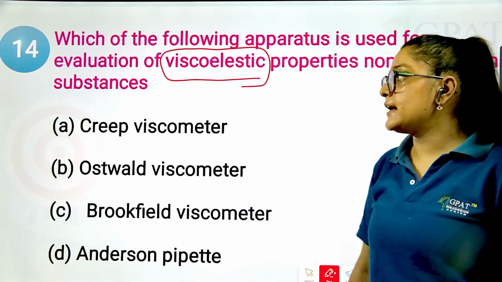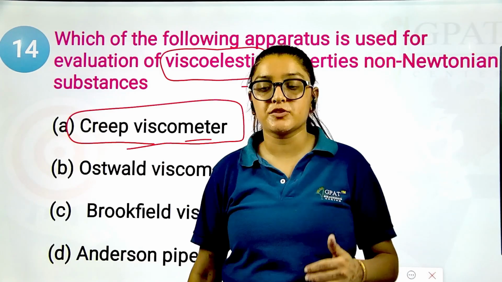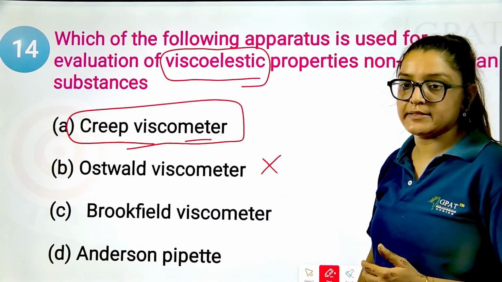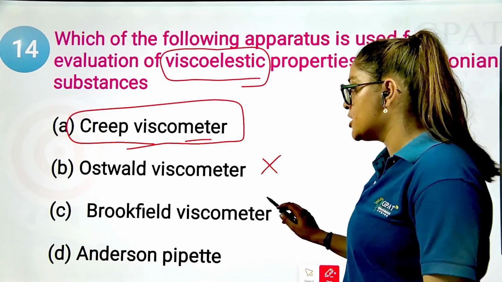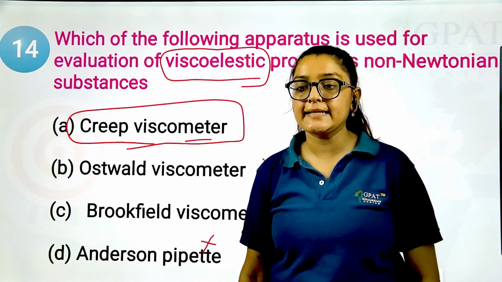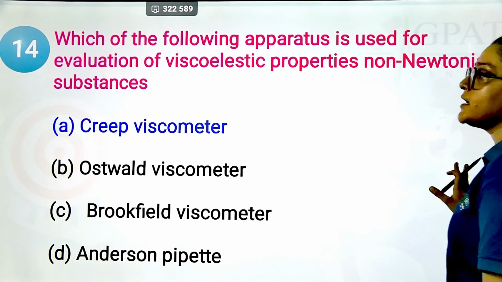For that mainly creep viscometers are used. Oswald viscometer we have seen is mainly for Newtonian system, Brookfield only for non-Newtonian, and Anderson pipette for particle size determination. So our correct answer is option A.